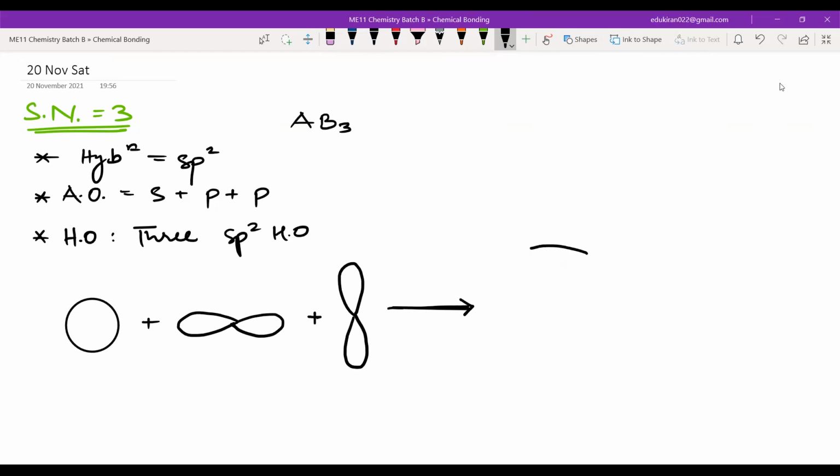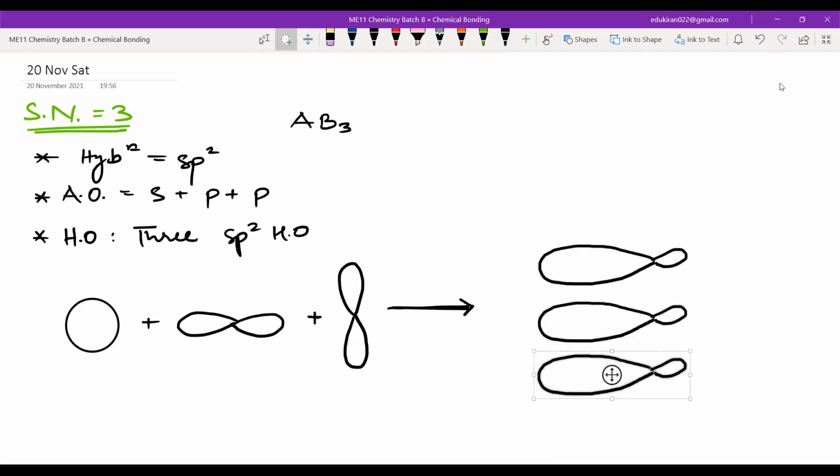One of the lobes will be bigger and the other will be small. Just increase its size, and then you will have 3 such hybrid orbitals.